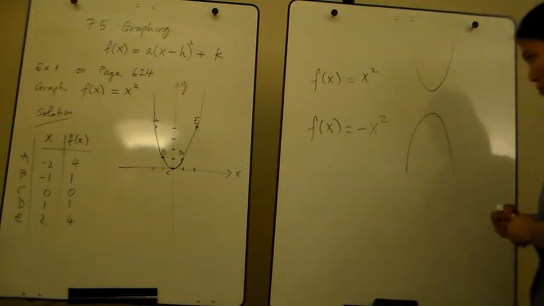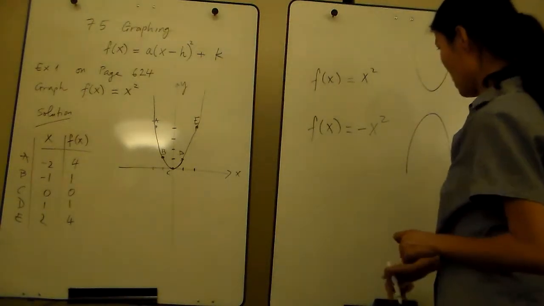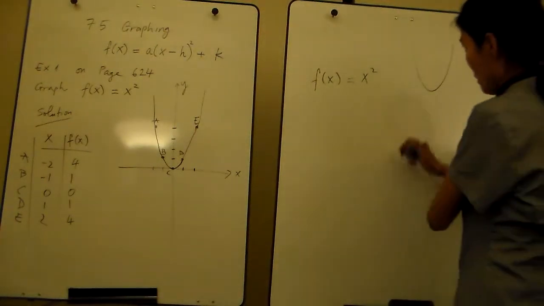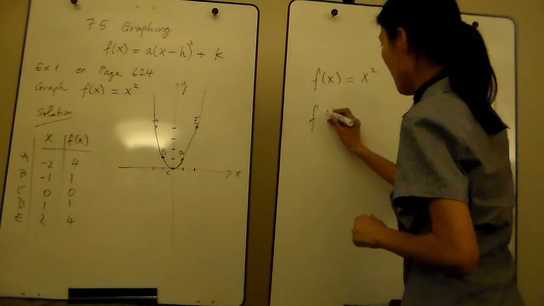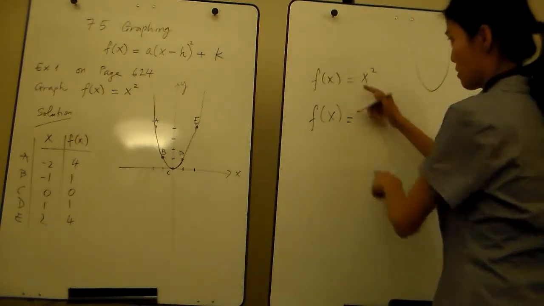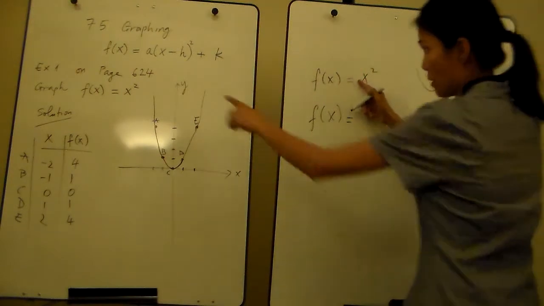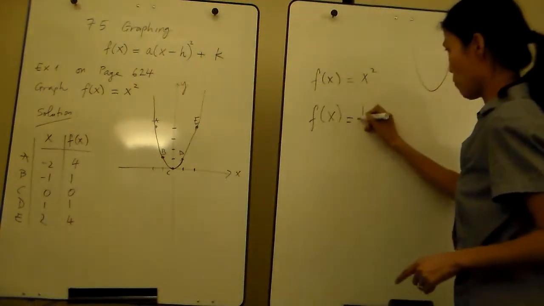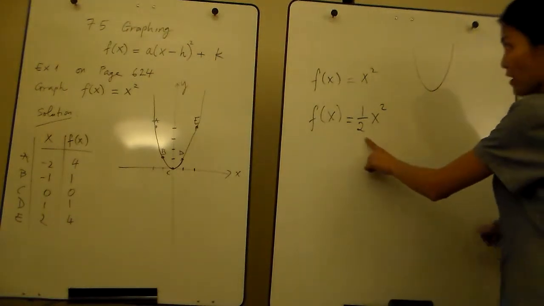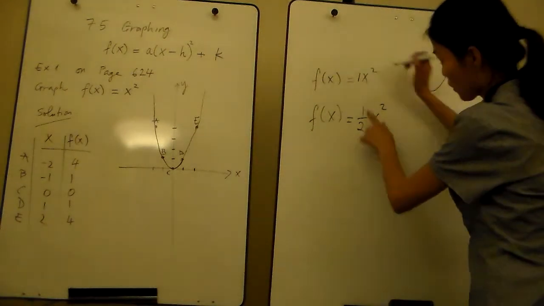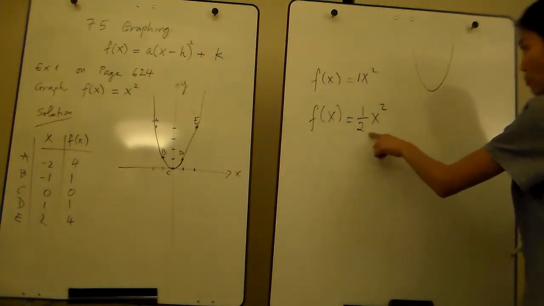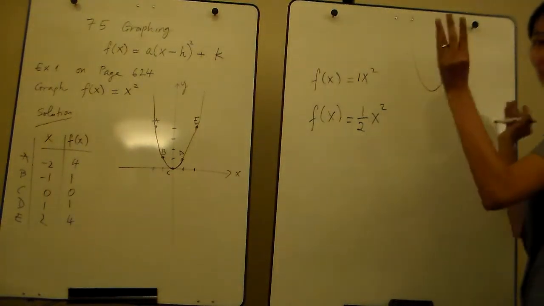Now, I want you to also think about this. Here is another case. If you have f of x equal to some constant times x squared, for this case the constant is 1, a is 1. If you have 1/2 x squared, this 1/2 is less than 1, the coefficient. This would make the parabola fatter.